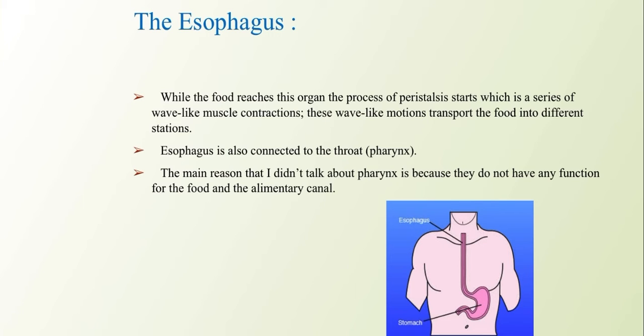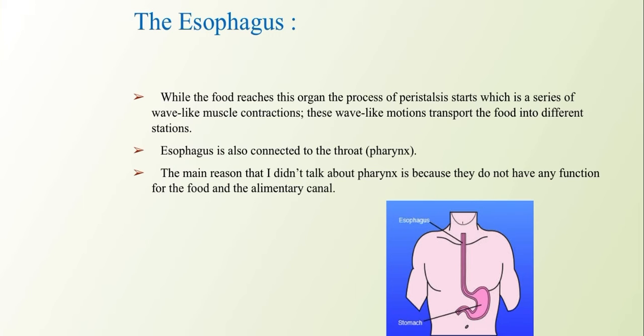When the food reaches the esophagus, the process of peristalsis starts, which is a series of wave-like muscle contractions, and these wave-like motions transport the food to different stations. If there weren't any wave-like muscle contractions, the food wouldn't be able to pass easily.